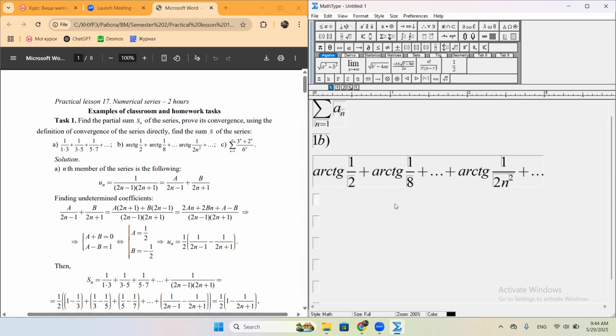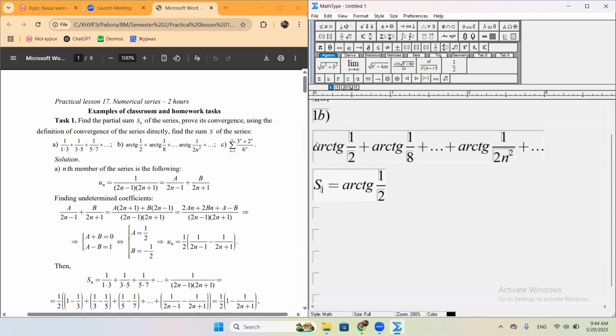I guess you know this method. Let me remind it to you. We will calculate a partial sum for the first 3 or 4 terms, and then we will calculate the nth partial sum. So S1 equals just the first term. And what about S2? It equals the following expression.